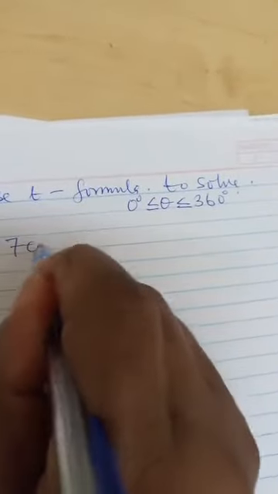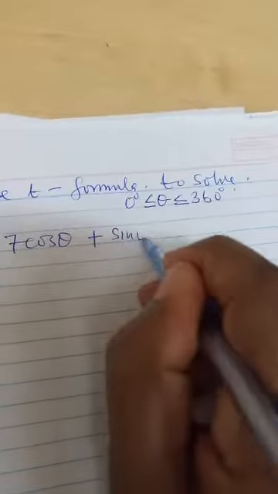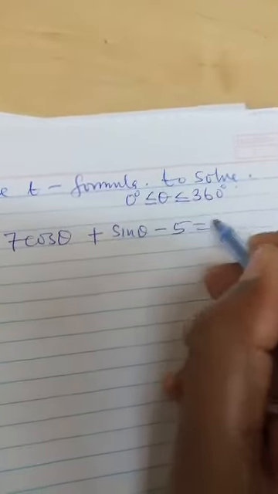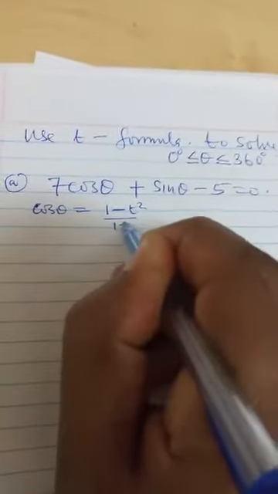And they give you a number like 7 cos of theta plus the sine of theta minus 5 is equal to 0. And they say use the T formula. This means know that cos of t is 1 minus t squared over 1 plus t squared.